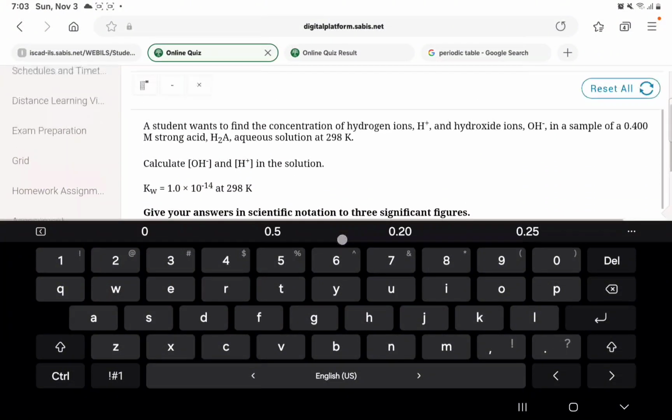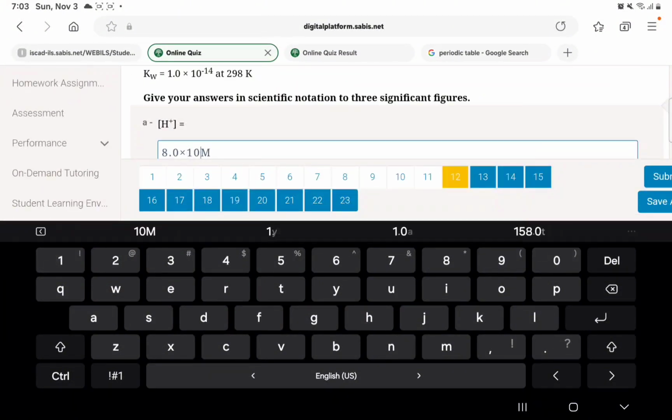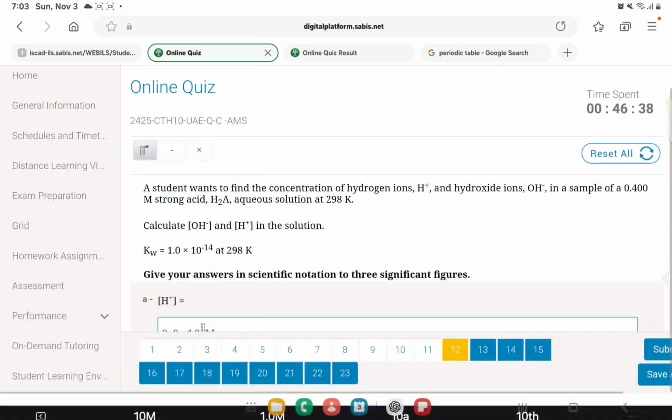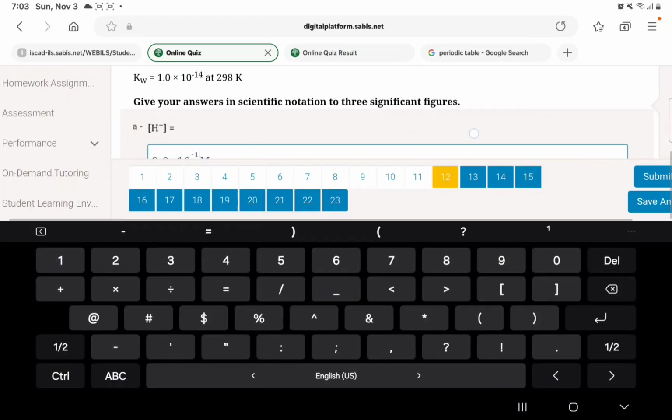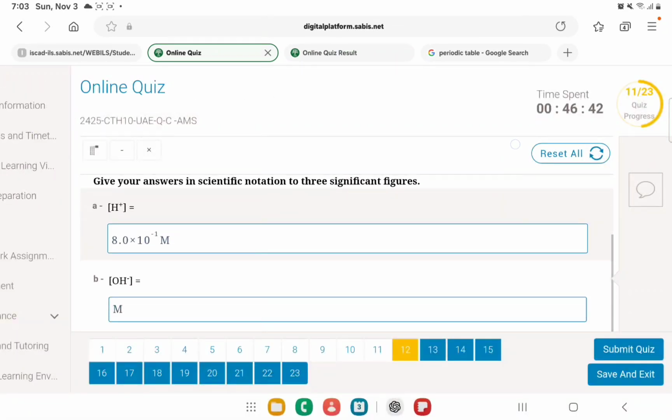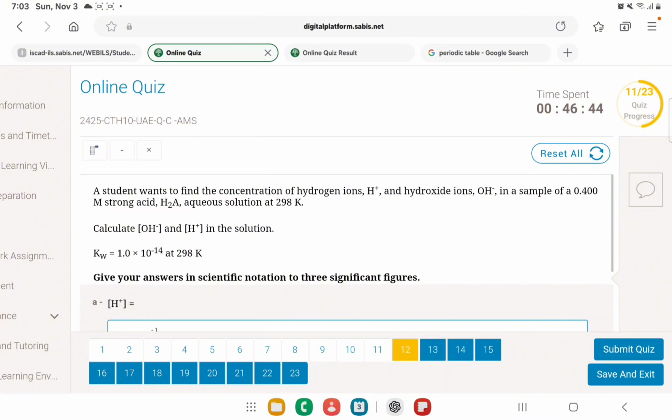8.0 times 10 to the power of negative 1. And then they want the concentration of OH minus. We're going to use the KW formula. So 10 to the power of negative 14 is equal to 0.8 times x, OH minus.